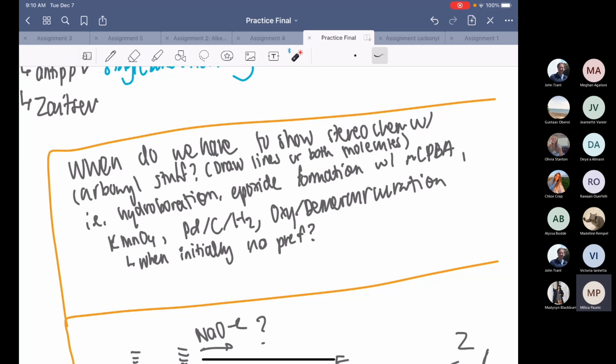I would say it's safer, yes. Would we lose marks for not drawing both possible products? No. Unless I say draw both possible products, you will not lose marks. I might state for questions, if this gives you a racemate, draw both possible products. But if I don't say that, you can draw either one, and that will be okay. I think it doubles your drawing for no particular purpose.